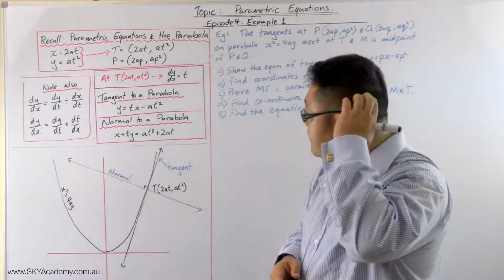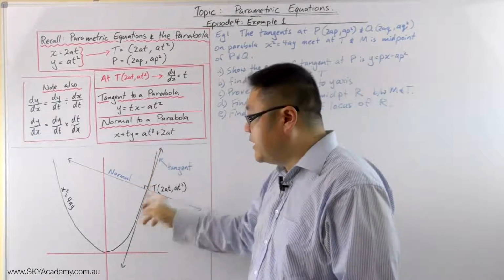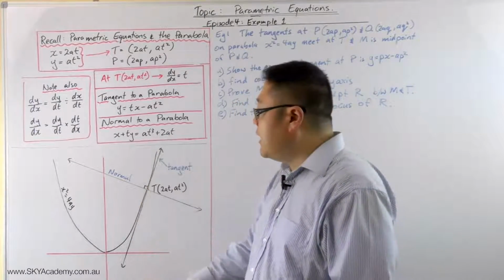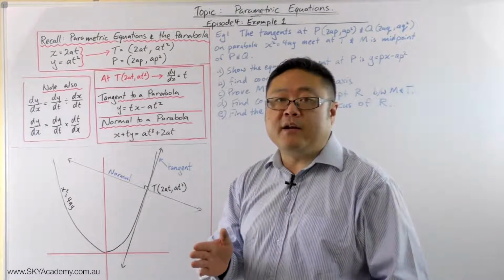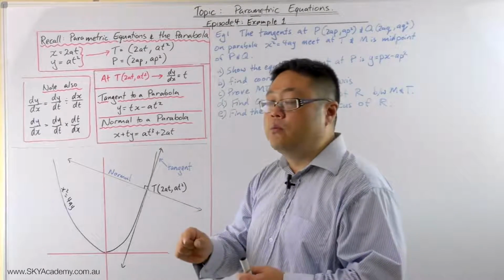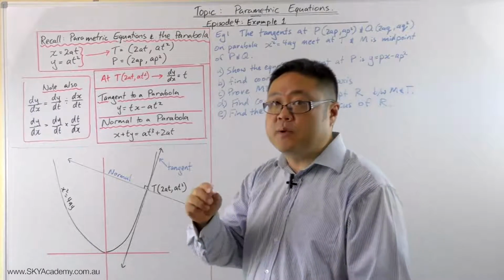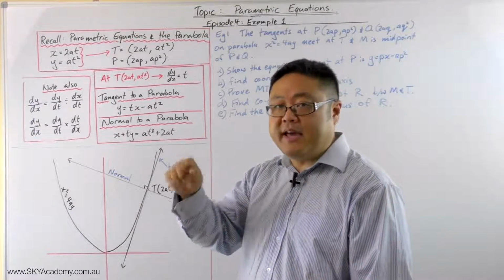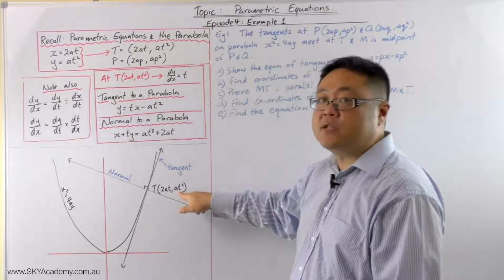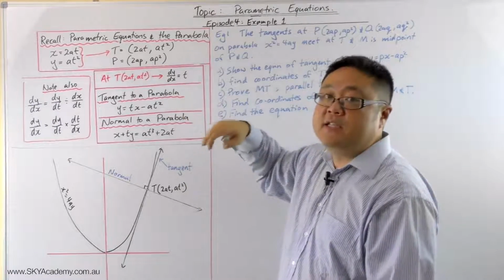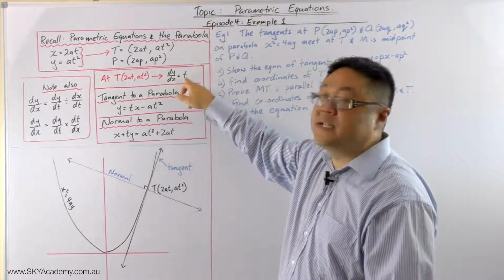The tangent will simply be a straight line that can be found using the point-gradient form, y minus y1 equals m in brackets x minus x1, where x1 and y1 are 2at and at squared, and m itself is the first derivative of the parabola at the point of contact, which is t.